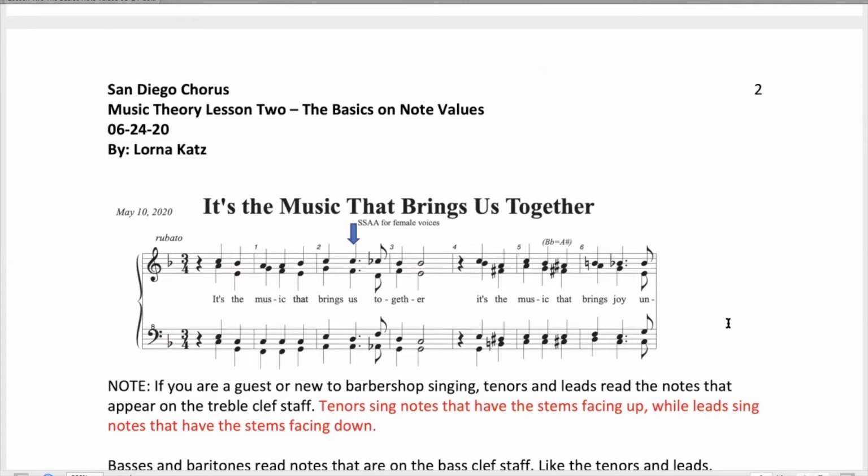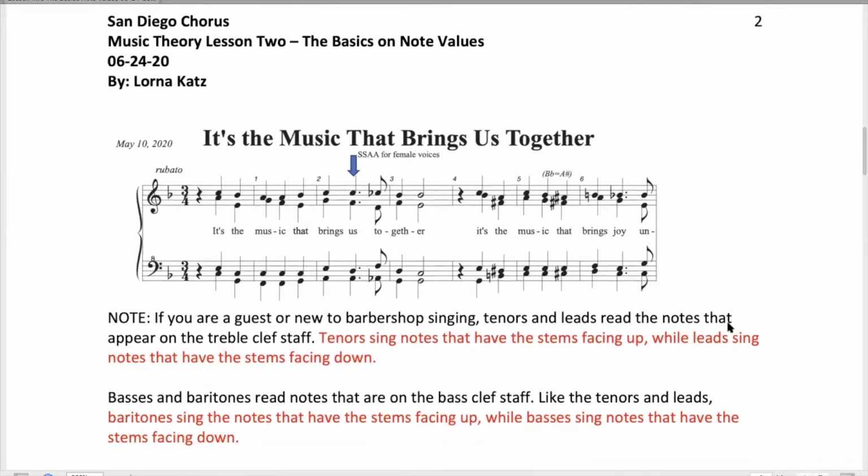Back to barbershop singing, or in general, even in choral singing. You'll notice that there are notes with stems facing up and stems facing down. For our type of music in barbershop, on the treble clef staff, the tenors would be singing the notes with the stems facing up.